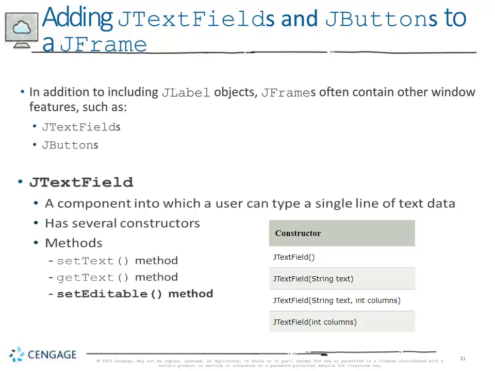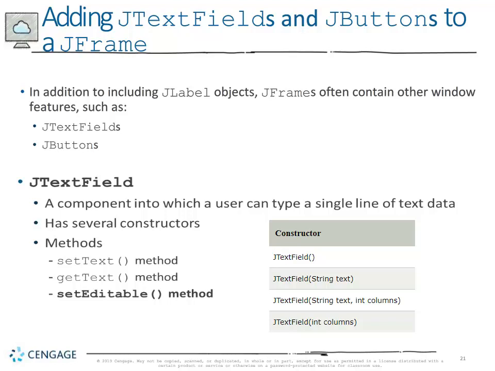The object of a JTextField class is a text component that allows the editing of a single line of text. It inherits from the JTextComponent class. The commonly used constructors are: JTextField with no argument, which creates a new text field. If the argument is a string of text, it creates a new text field initialized with the specified text.